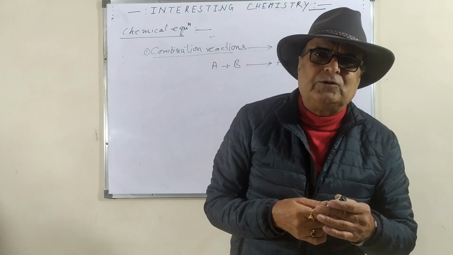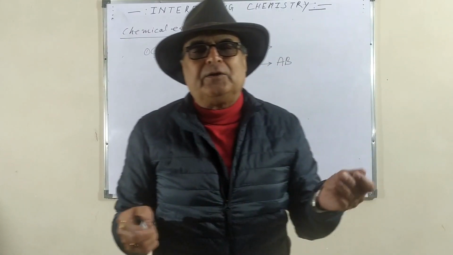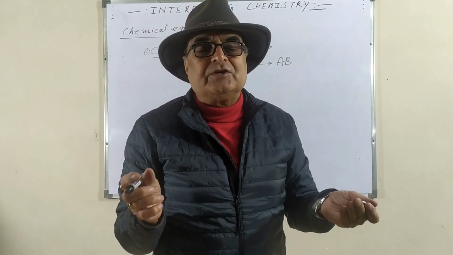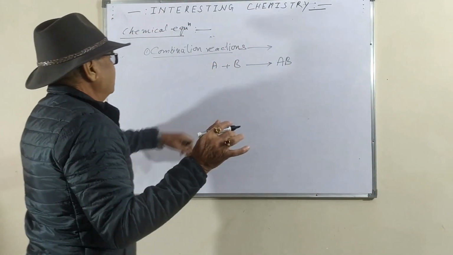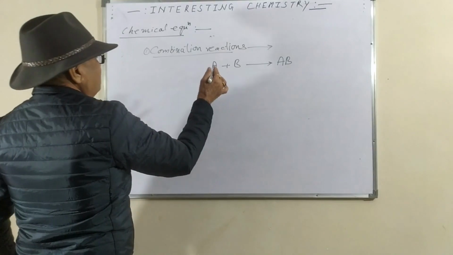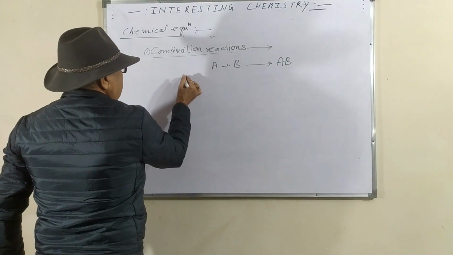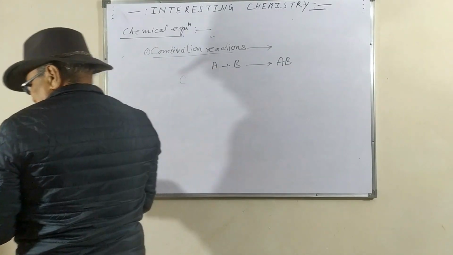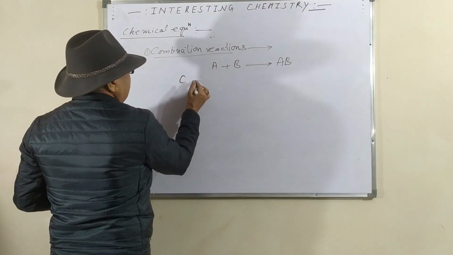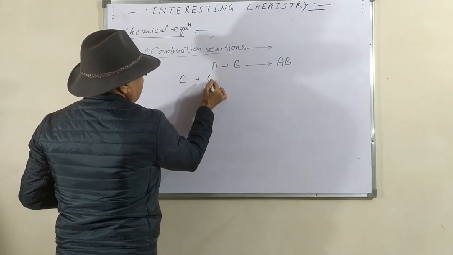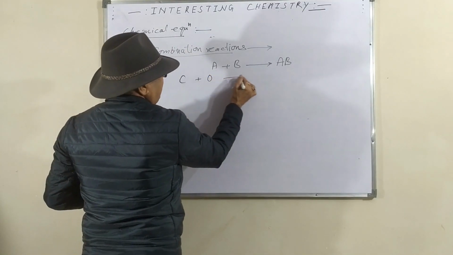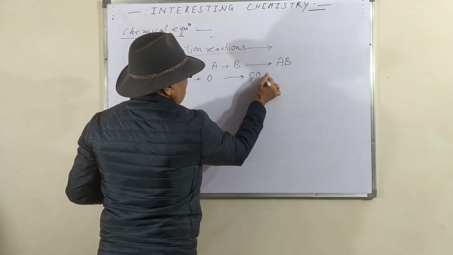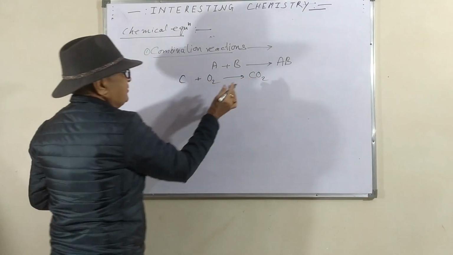Now I will tell you different examples of the combination reaction to make you understand. Suppose this is carbon, and this carbon is heated in the presence of oxygen, then CO2 will be formed. C plus O2 gives CO2.